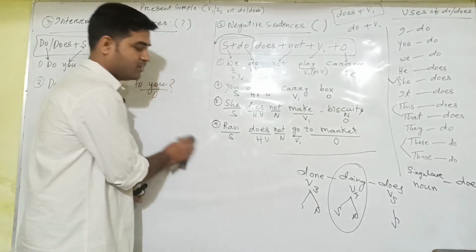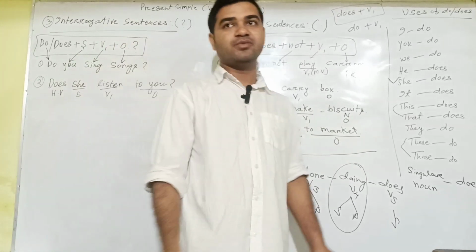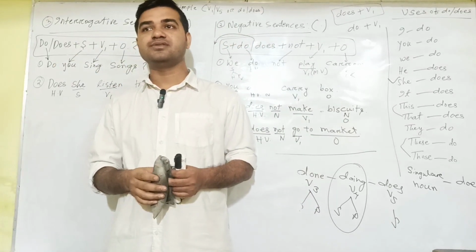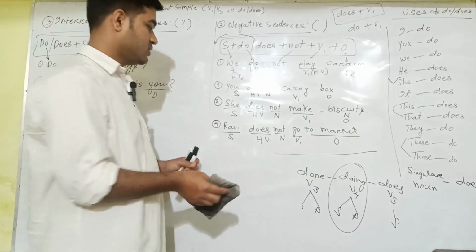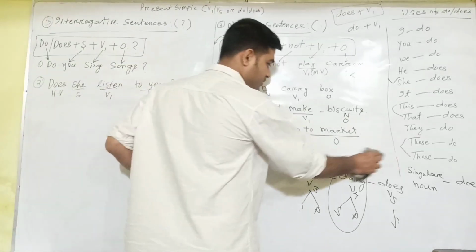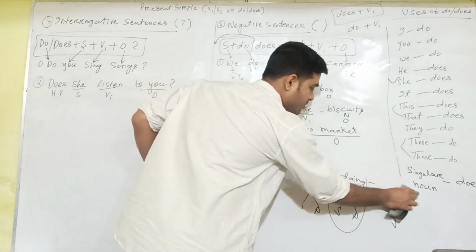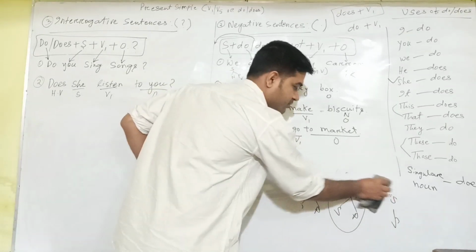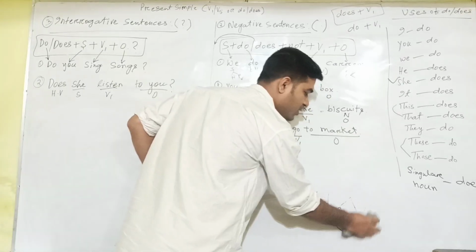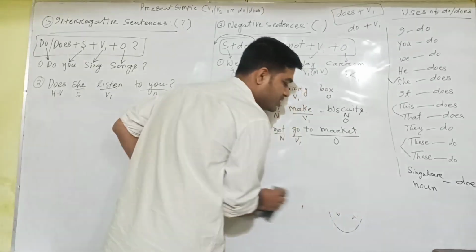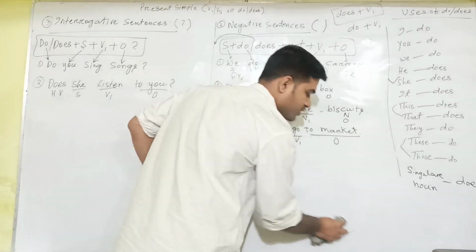For my secret, I know verb well. That's why I can understand the structure of the sentence. Okay, so be serious about verb. I do tell again and again that be serious about verb. You should know every single concept. What is a finite verb? What is a non-finite verb? What is a gerund? What is a participle?